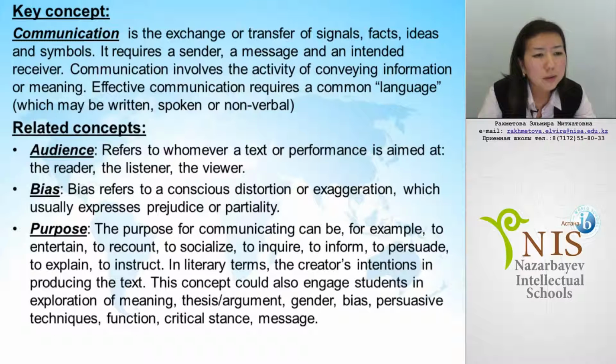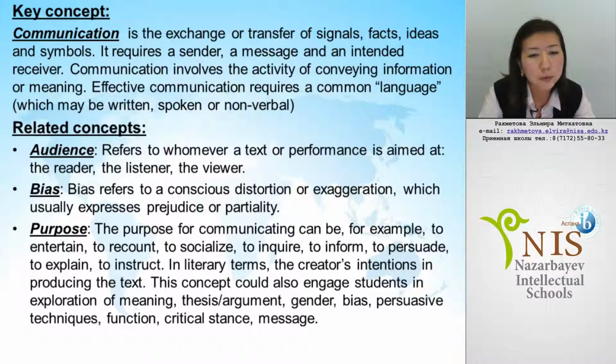We also have 3 related concepts: audience, bias and purpose. They are the main terms in our unit. The audience refers to whomever a text or performance is aimed at: the reader, the listener or the viewer. Bias refers to a conscious distortion or exaggeration which usually expresses prejudice or partiality.